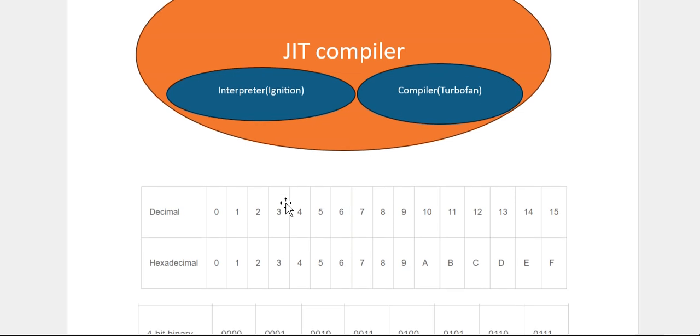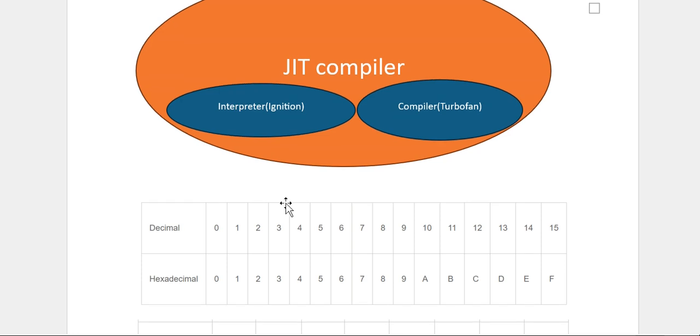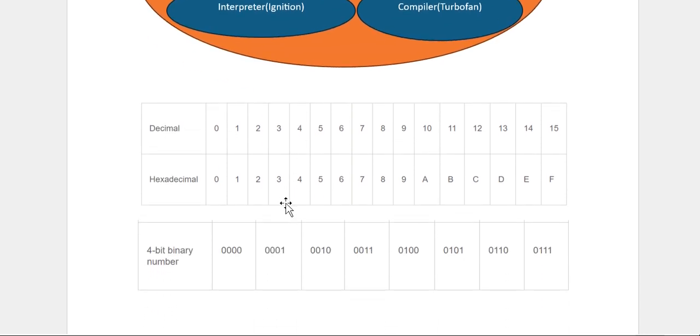Some people might be confused about binary code, hexadecimal, and what those codes are. I have already highlighted this a little. Decimal is 0 1 2 3 4 5 6 7 and so on. Hexadecimal is the same up to 9, but after that it is 10, A, B, C, D, E, F, which is different from decimal. Decimal is base 10 and hexadecimal is base 16.